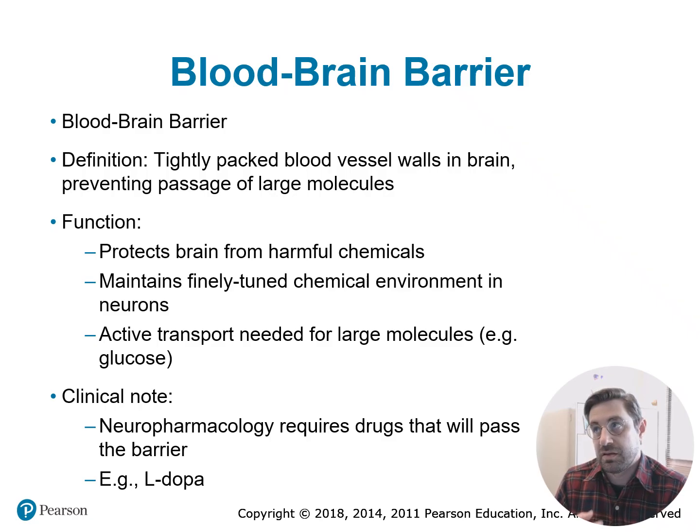Okay. One clinical note from this phenomenon of the blood-brain barrier is it does mean that if I'm trying to create drugs that are going to influence psychology, I'm going to need to have drugs that can pass the blood-brain barrier. Okay, so for example, in Parkinson's disease, a common treatment is to try to get dopamine into your system. We'll talk about why soon.